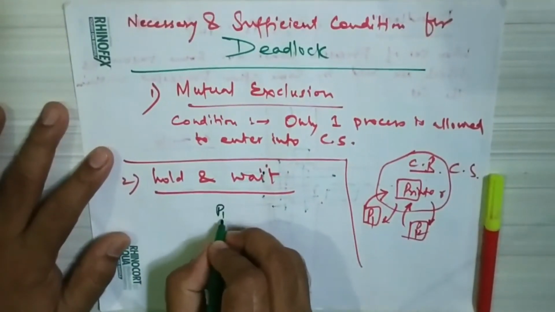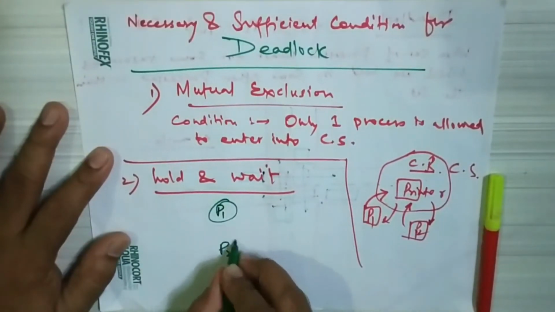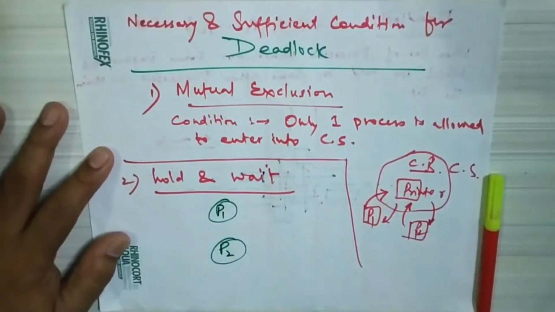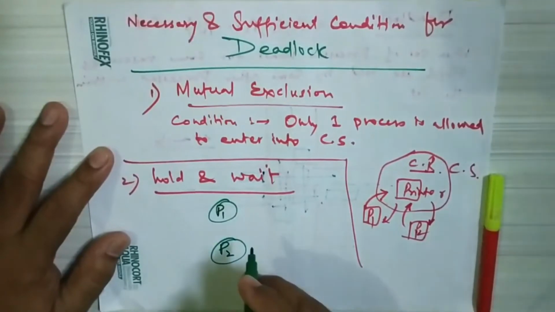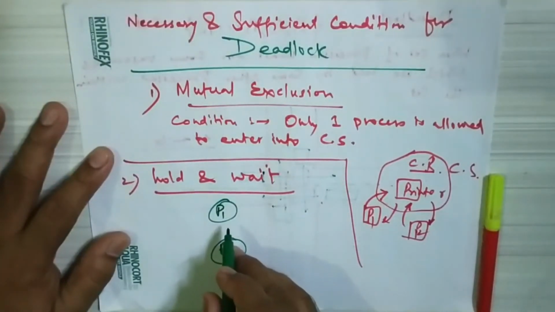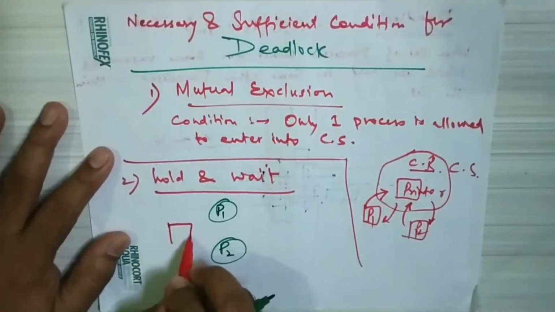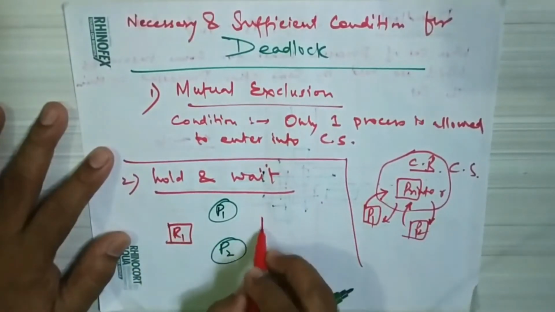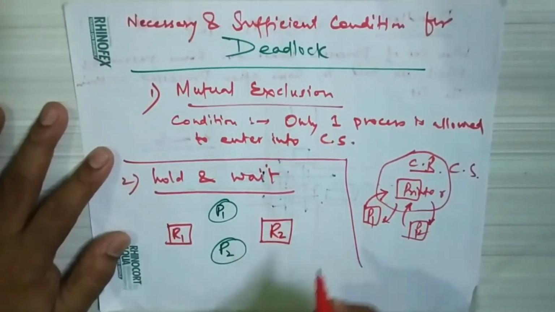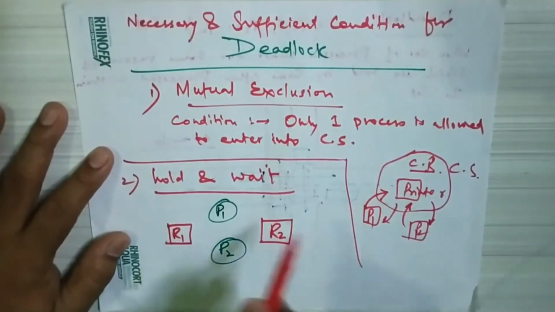This is process P1, this is process P2. Imagine we have two resources, R1 and R2.